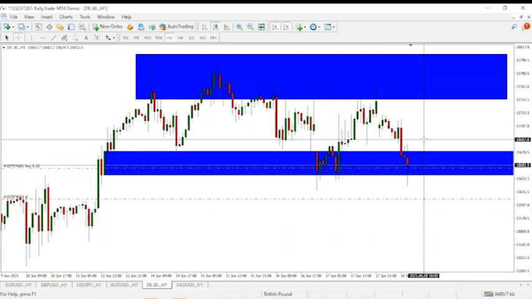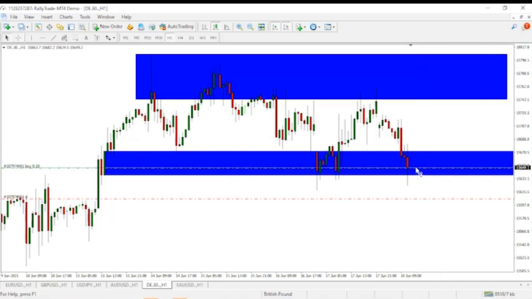TP for the buy on D30 is going to be at 15687.8. That's our take profit for the buy. All right, so let me quickly move my TP there.